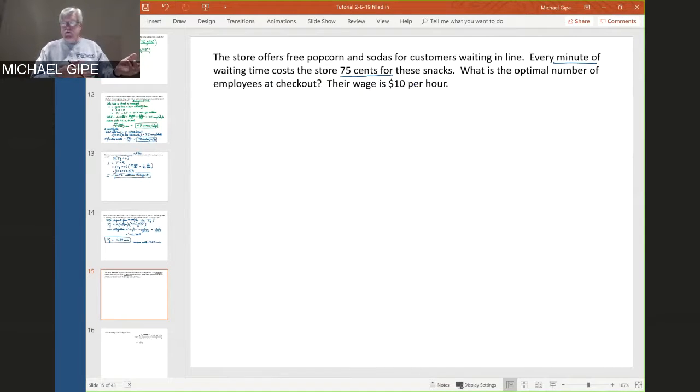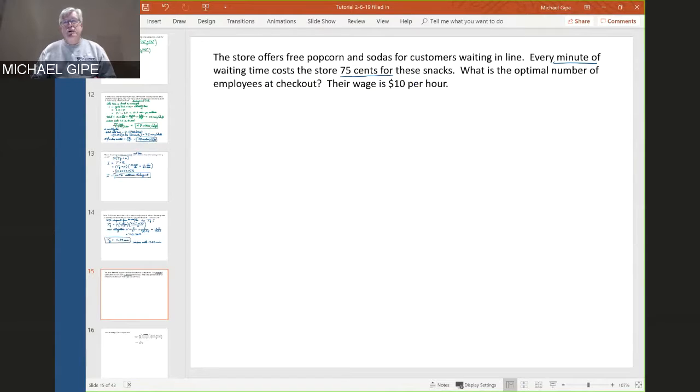The question is how many employees should we have to minimize our overall costs? The more employees we add, the more we pay in wages, but the less we pay in food and drinks. So how do we do that? How do we deal with that trade-off, right?